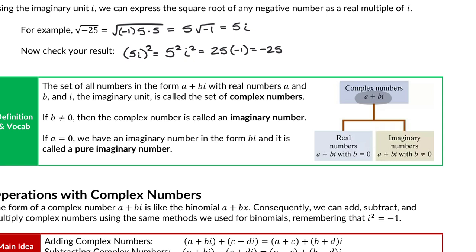So you have a real part and an imaginary part that make up a complex number. If the complex number itself has only the imaginary part, that's when it becomes just an imaginary number compared to a complex number. Okay?